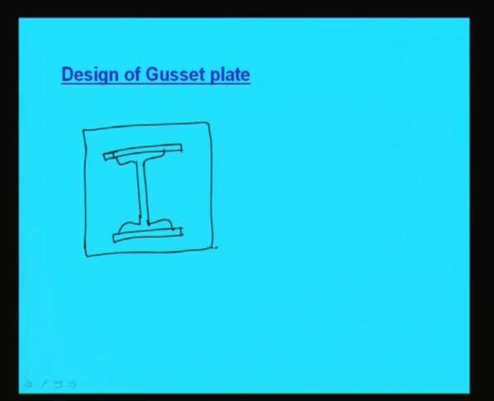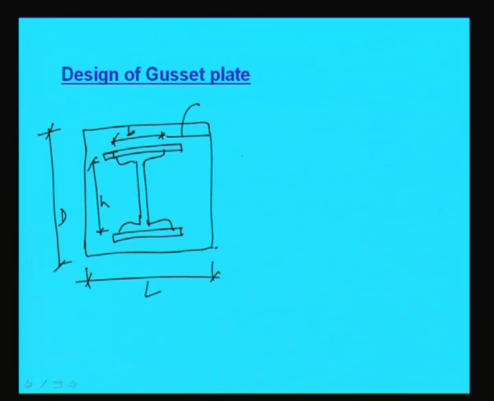As we know, this is the width of the flange B, and this is H, the depth of the column section, and this is L, and this is named D. So this portion will become L minus B by 2, and this is the gusset plate.